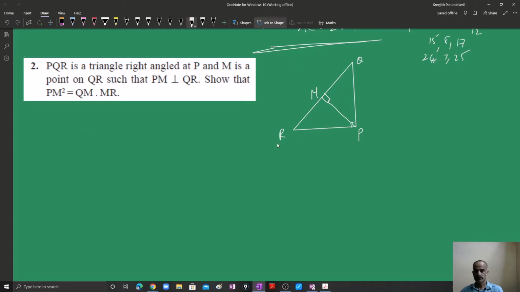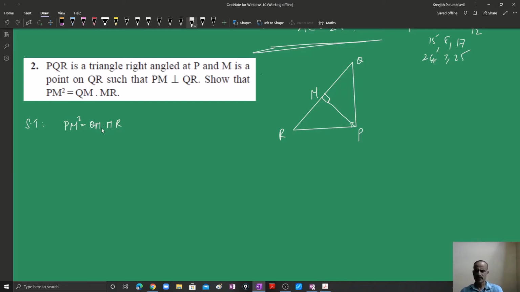This is to be shown. What is given, you know what is given, you write that. To show that PM square is equal to QM into MR, as we did in the previous questions.